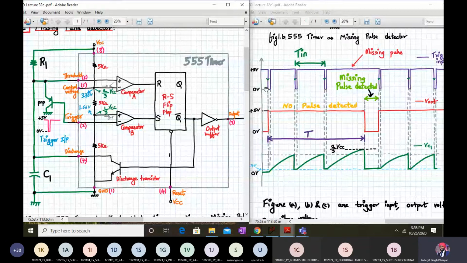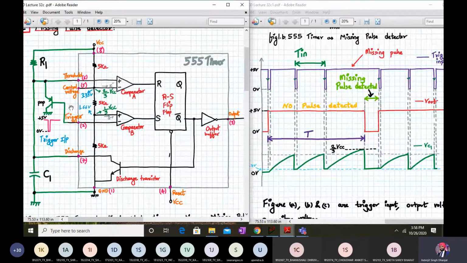Now, momentarily the trigger input goes high again. It was low for a very short duration. Trigger input high again means this PNP transistor will be off again, so it is as good as not connected in the circuit, correct?